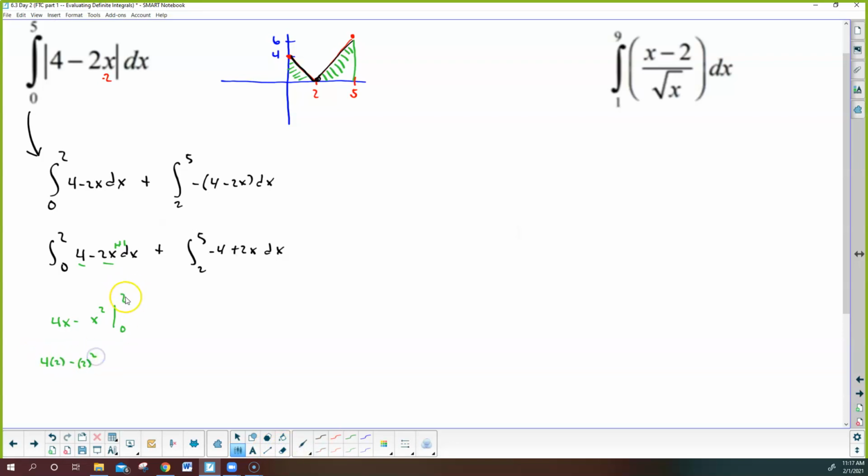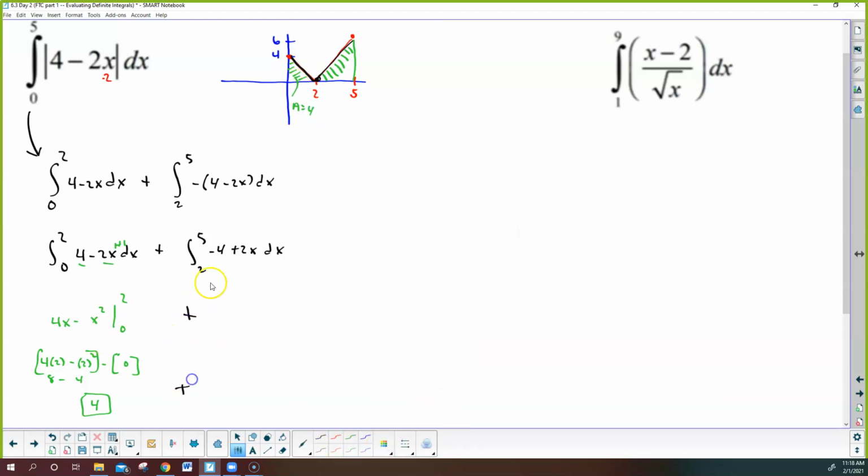I plug in the upper bound of 2 minus the lower bound. Now notice, if I plug 0 in here and here, I'm going to get 0. And I know that this is going to show a lot of work, so I'm just going to call that 0 anyways. And then I end up with 8 minus 4, or 4. So this area right here has an area of 4.